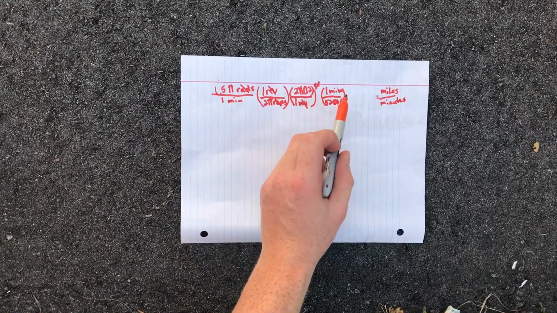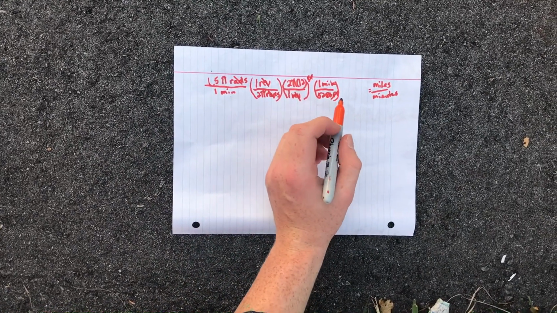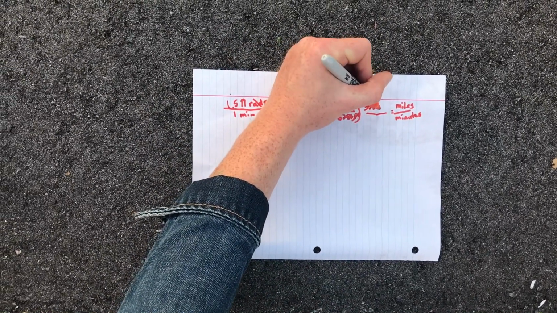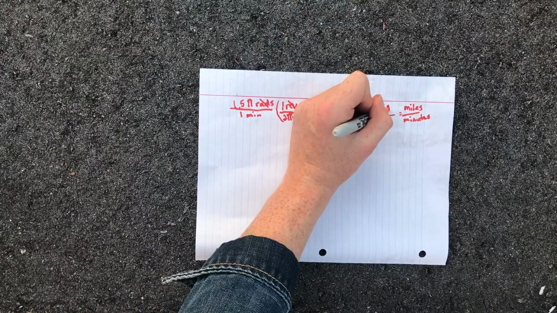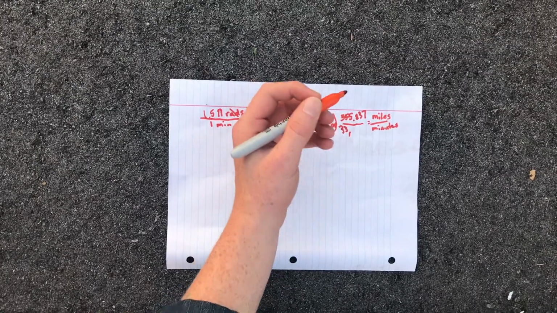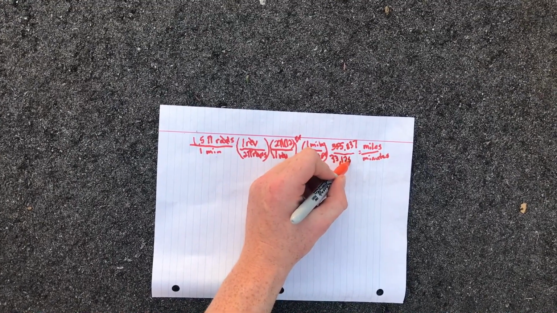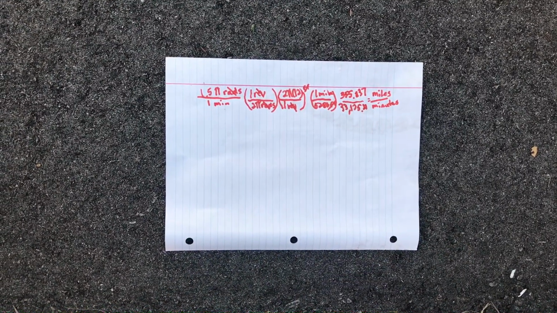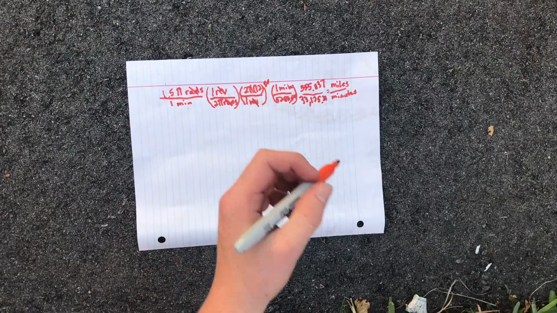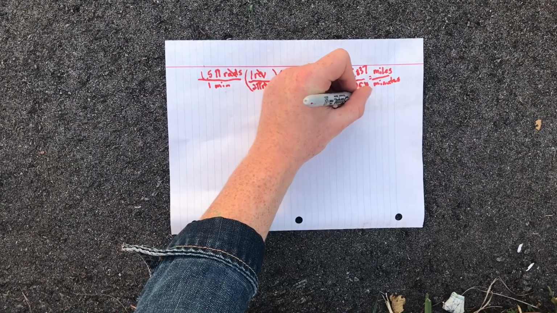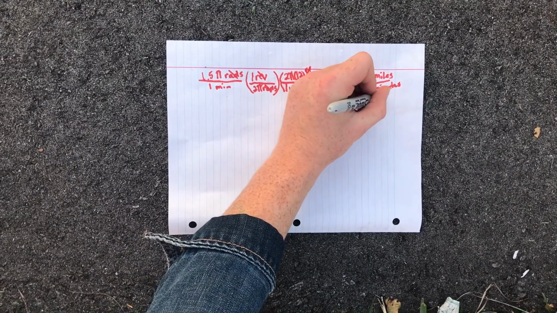Once you multiply across here and multiply across here, that comes out to 355.237 over 33,175.21. That then equates to 0.01 miles per minute. And that's our linear velocity.